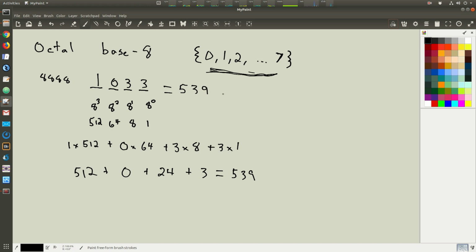Now this number is written in base 10. So when we have fewer digits in our alphabet, so we only have 8, and in base 10 we have 10 digits in our alphabet, we see that the number tends to be longer in terms of the number of digits we have to use to represent it.